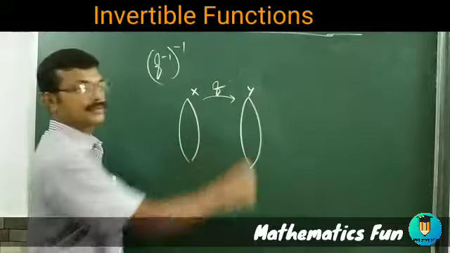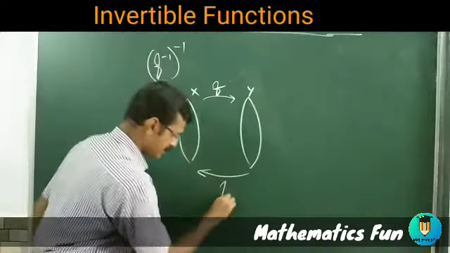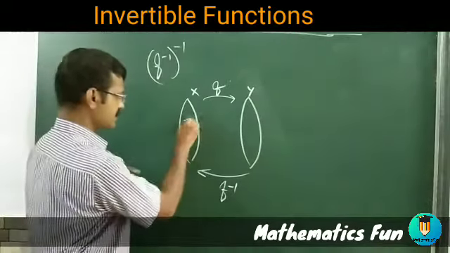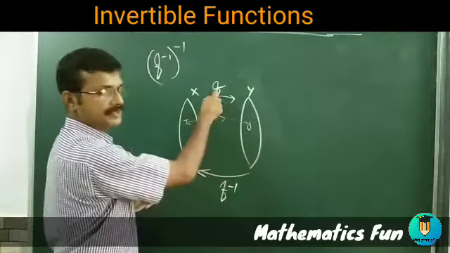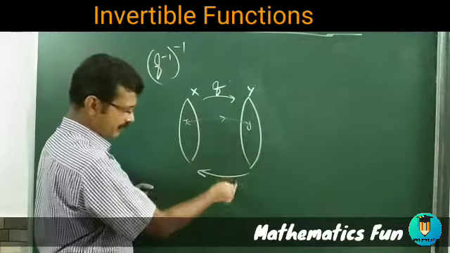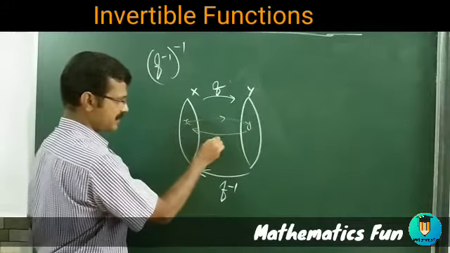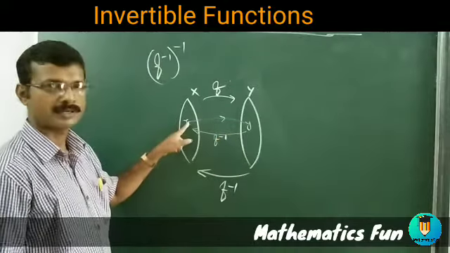It is 1-1 and onto. Naturally f inverse is here. So if it is an x here, its corresponding image here is y with respect to f. Now if I apply f inverse on this, the image will come here.